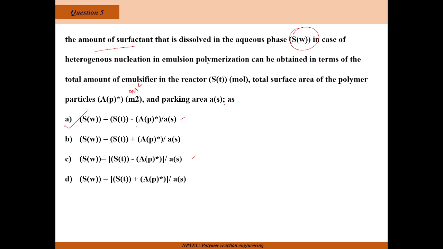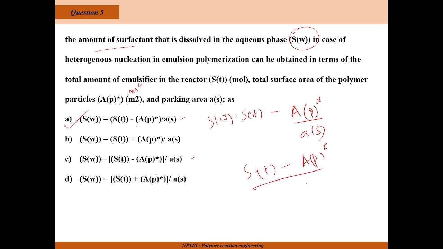Your first option is S_W equals S_T minus A_p star by A_s. The other option has the full bracket, and the third option is S_T minus A_p star divided by A_s. So the correct equation is option A.